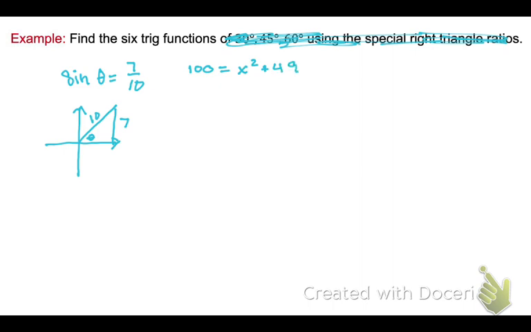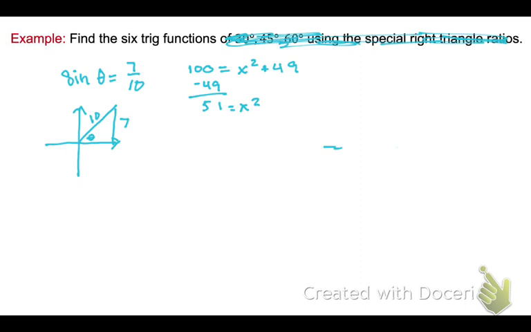So subtract the 49. Where did I get 100 and where did I get 49? 10 squared and 7 squared. Okay, so minus 49. So 51. Is that right? Yeah. Okay, x squared equals 51.